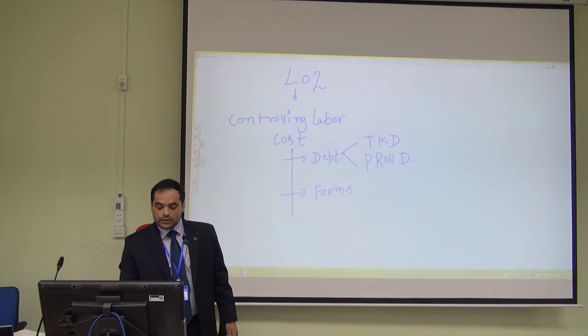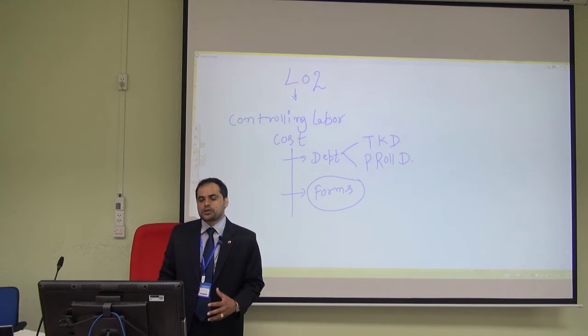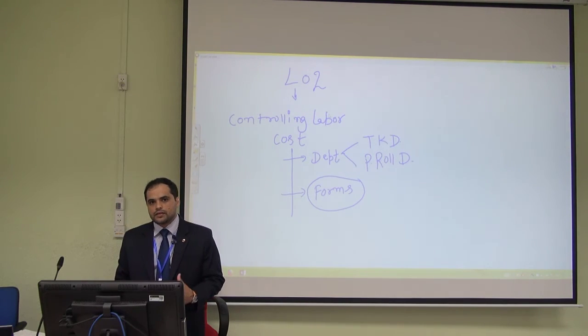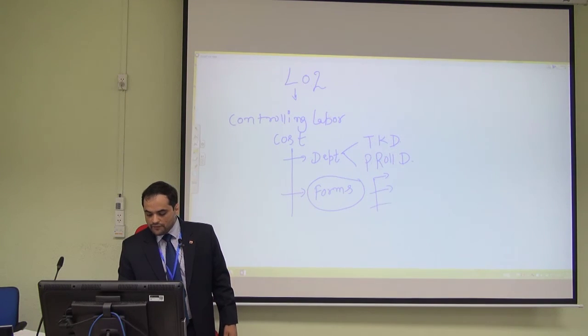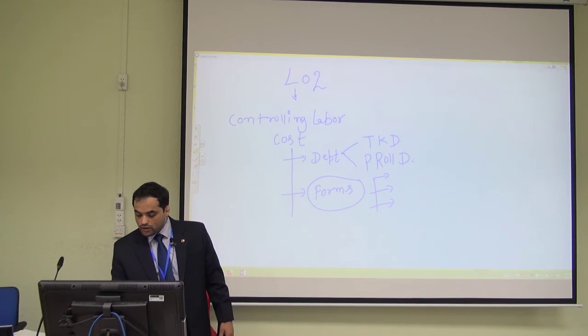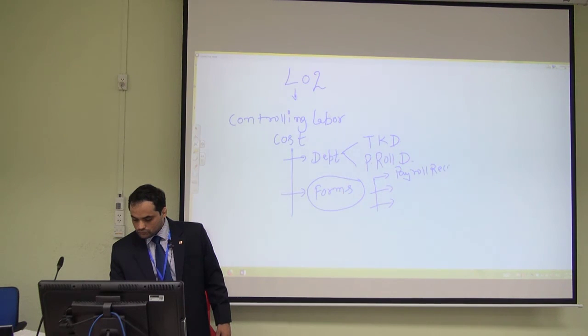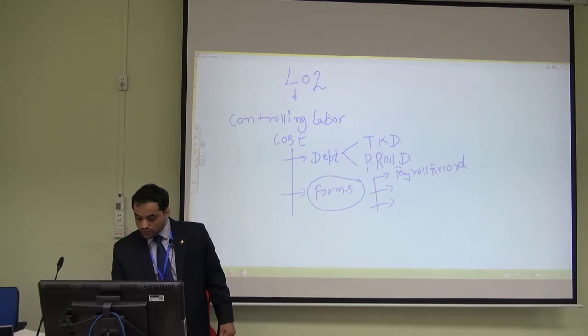Alright. The next one is the forms. Which forms do we require to keep the labor cost? Here we have three kinds of forms that we have to keep. The first one is the payroll record. The second one is the employee earning records.